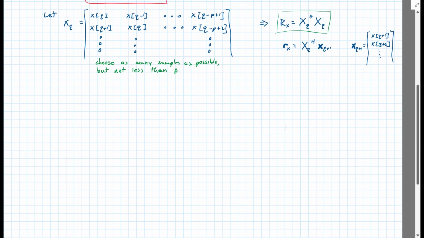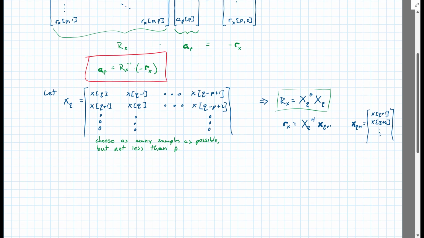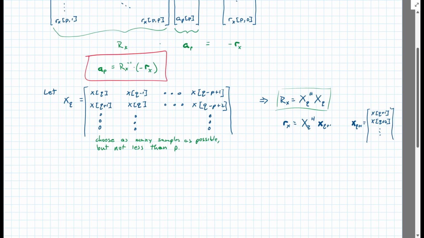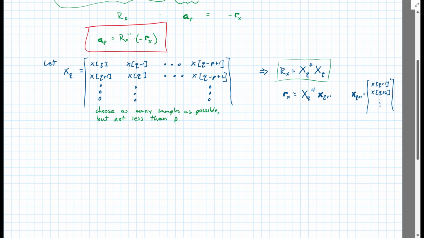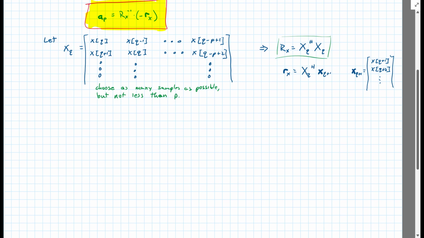But we're going to talk more about how to actually efficiently solve these problems in the next lecture. But let's just finish the last little bit. We now have our A coefficients circled here in red and highlighted. We now need to get the B coefficients to complete our problem.